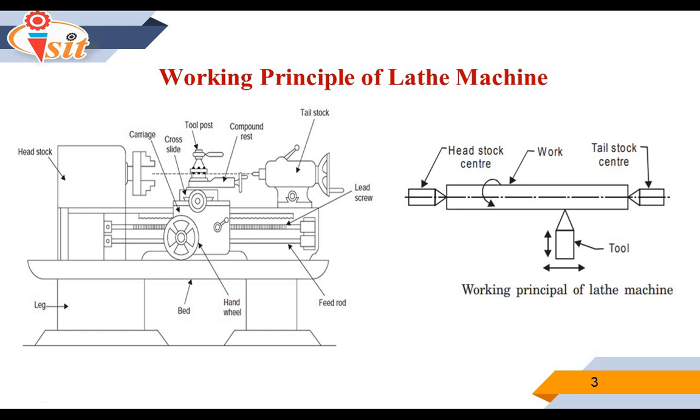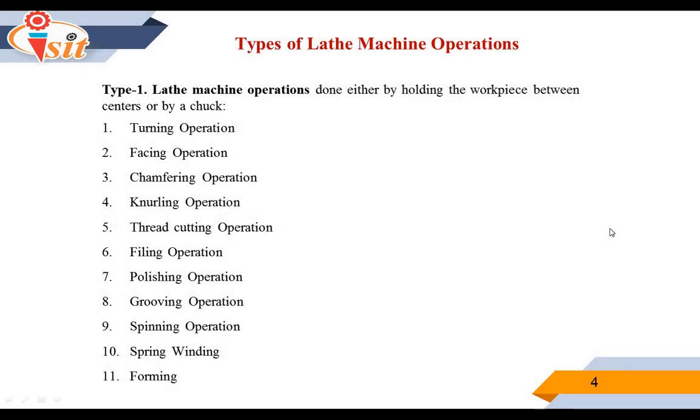The workpiece may be supported and driven by different methods: a workpiece held between centers and driven by carriers and catch plates, or a workpiece held on a mandrel which is supported between centers and driven by carriers and catch plates. Sometimes it is held and driven by a chuck at one end and supported on the tailstock center at the other end. So this is the working principle.